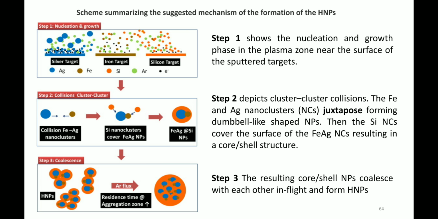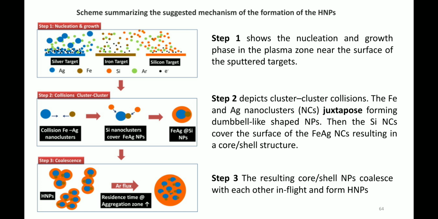So we have silver, we have iron, we have silicon. So it is a hybrid system. Okay, so that's why we call this hybrid nanoparticles. So we can see step by step how it grows. This is step 1, where step 1 shows the nucleation and growth phase.